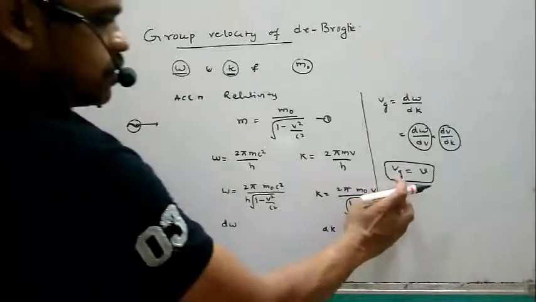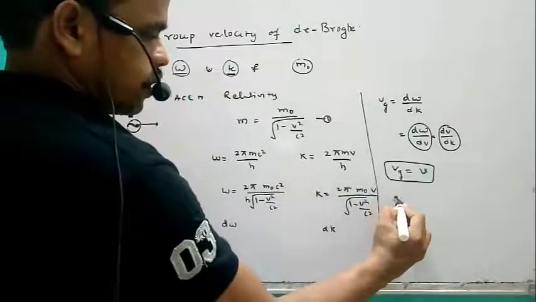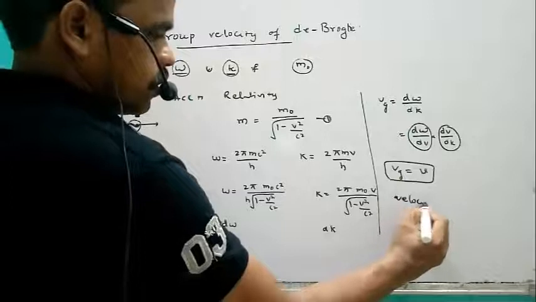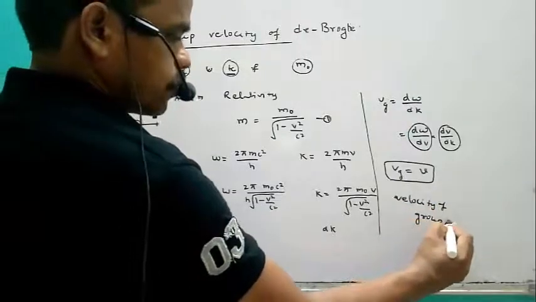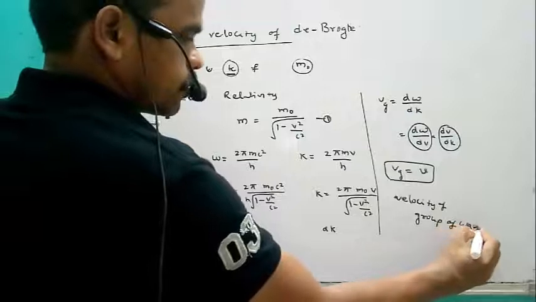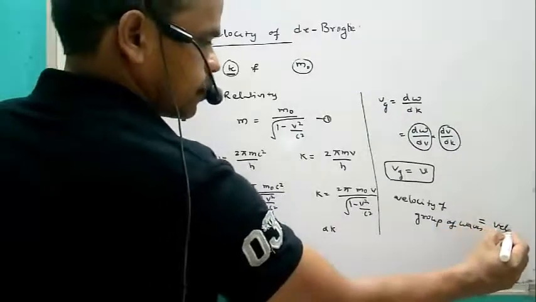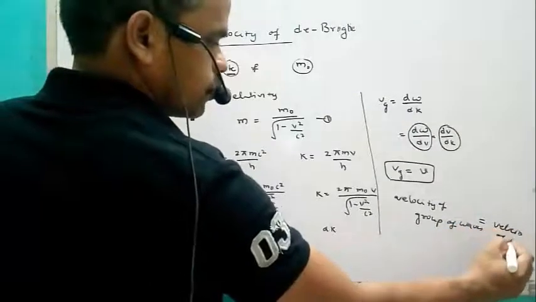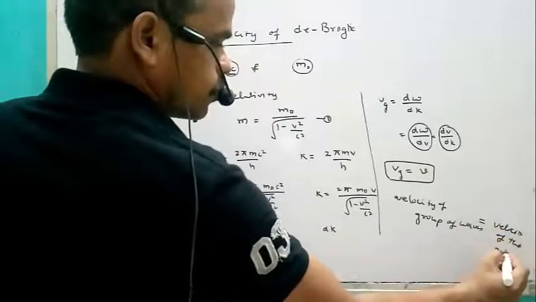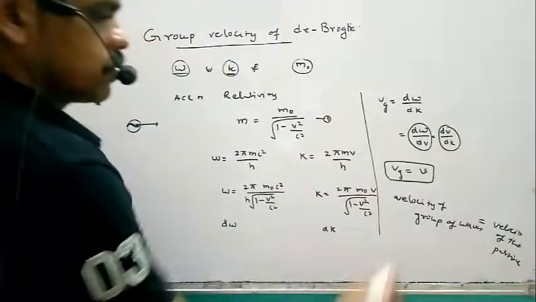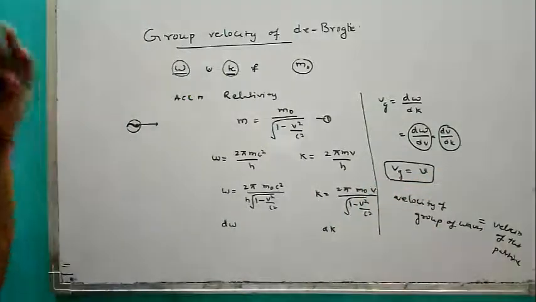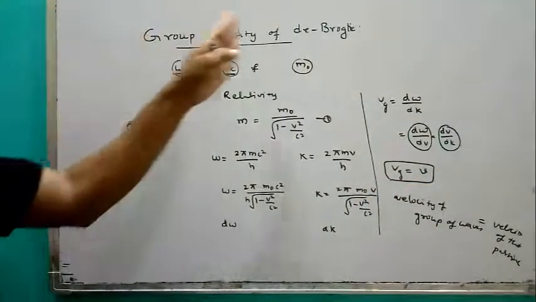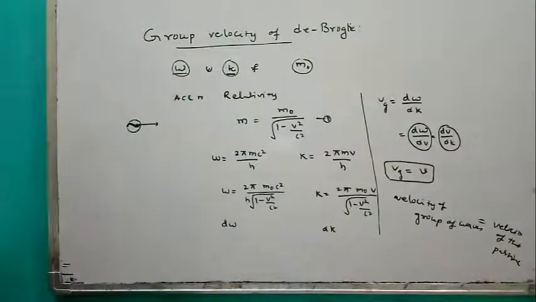That means Vg equal to v. The group velocity of the group of waves is equal to the velocity of the particle. This is the relation for the group velocity of the de Broglie wave.